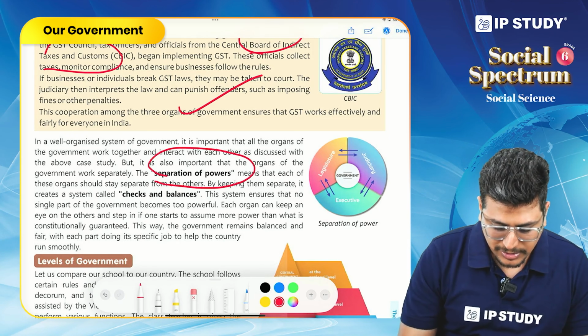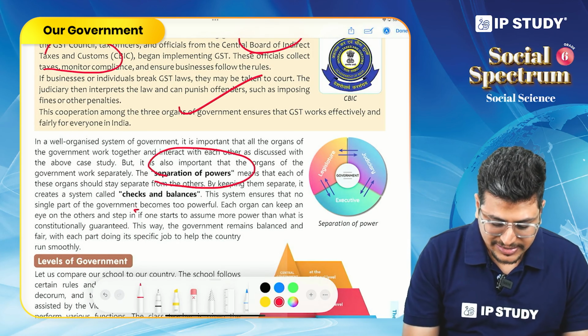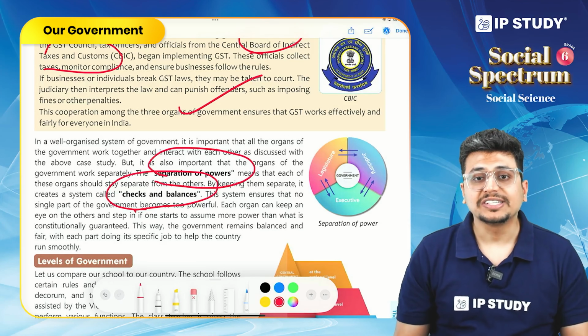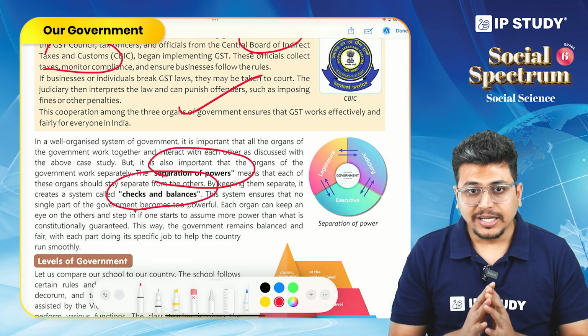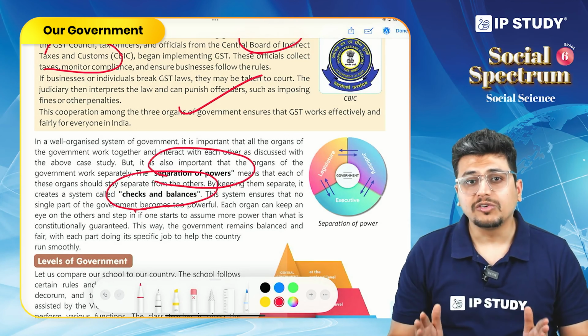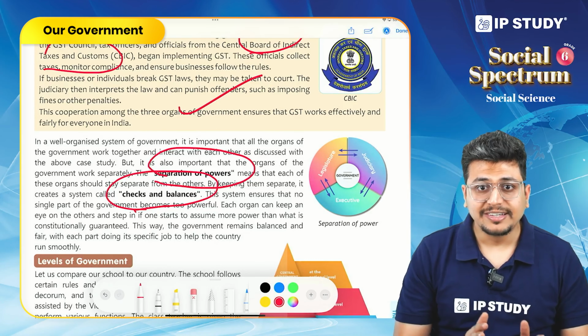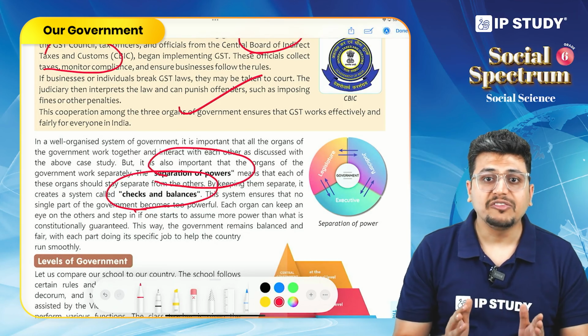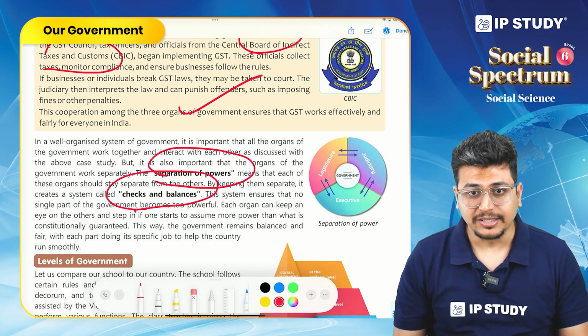Now, these are two very important concepts. We will discuss them in detail: separation of power and checks and balances. It is very important that all these three organs of government, legislative, executive and judiciary, that their powers and functions are well defined.